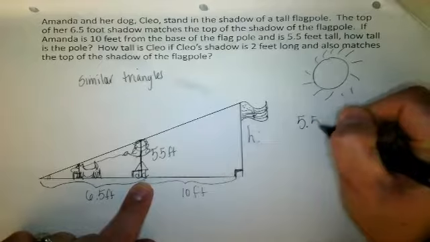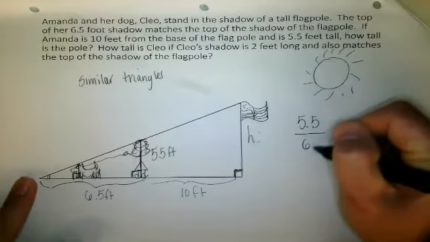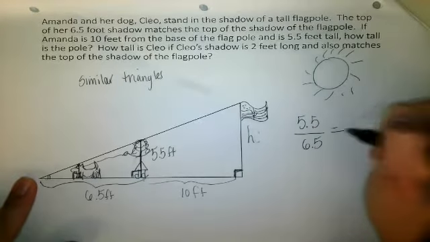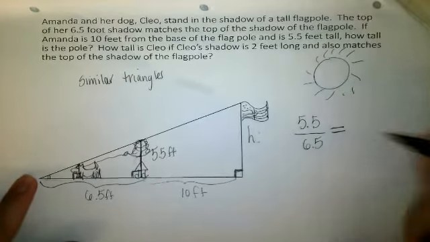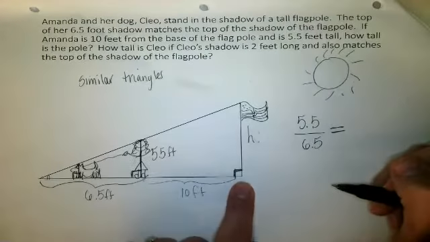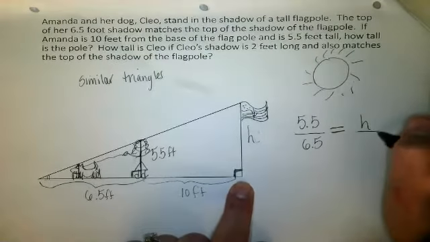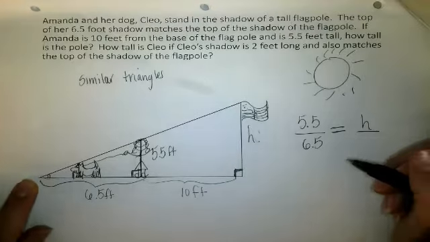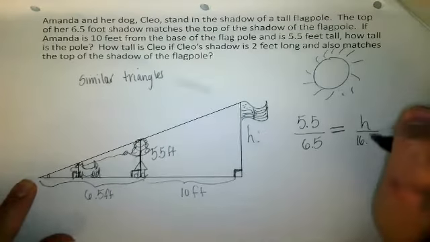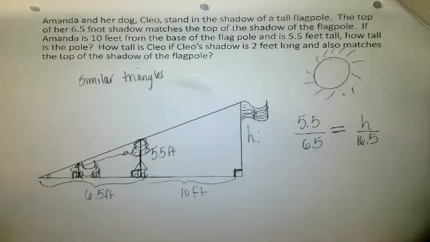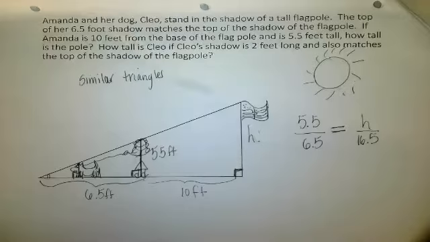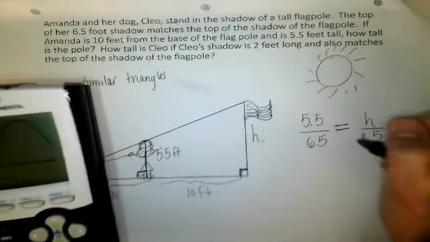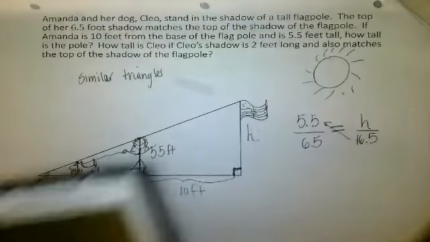My height to my shadow would be proportional to the height of the flagpole to the length of its shadow, 16.5. All right, how do you solve that? Cross multiply. So can I just multiply the 16.5 over?